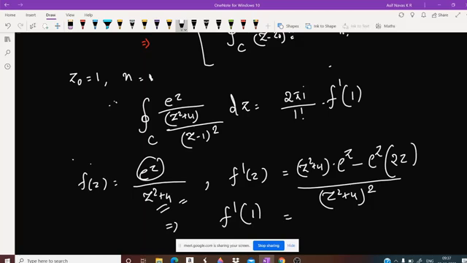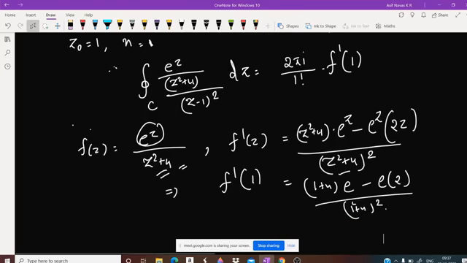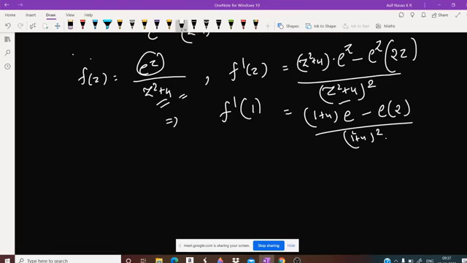Instead of z I will put 1: 1 plus 4 times e, minus e into 2, divided by 1 plus 1 square plus 4 whole square. So this is 5e minus 2e, that is 3e, divided by 1 plus 4, 5, 5 square, 25.